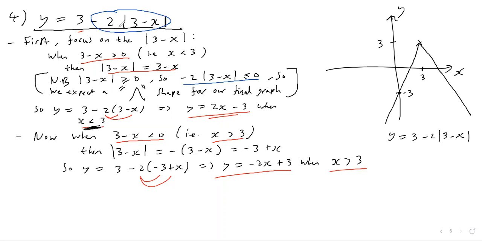If we're adding 3 to 0, then the maximum point is going to be 3. So it's quite clear that our maximum y coordinate will be 3, and our x coordinate will be the point where this goes to 0, which is when x equals 3. So that's our maximum point there.